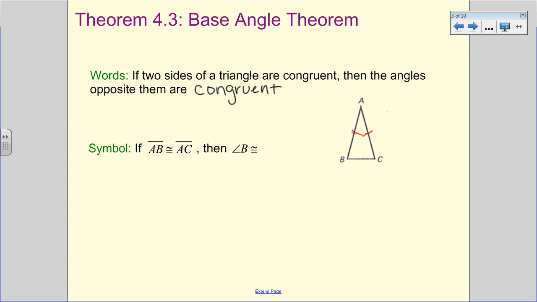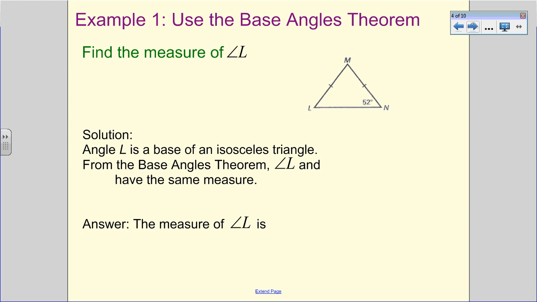So if AB, which is opposite angle C, is congruent to AC, which is opposite angle B, then angle B is congruent to angle C. So if we have two equal sides, opposite angles are congruent.